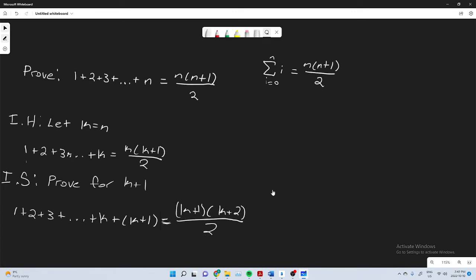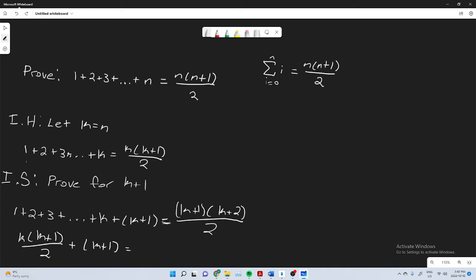So something you'll notice is this right here is equivalent to this. Because these two are equal, by our inductive hypothesis, this is going to be equal to this. So if that is the case, then we can say that we have k times k plus 1 over 2 plus k plus 1, and that's going to be equal to k plus 1 times, you know what, I'm not even going to do that yet.